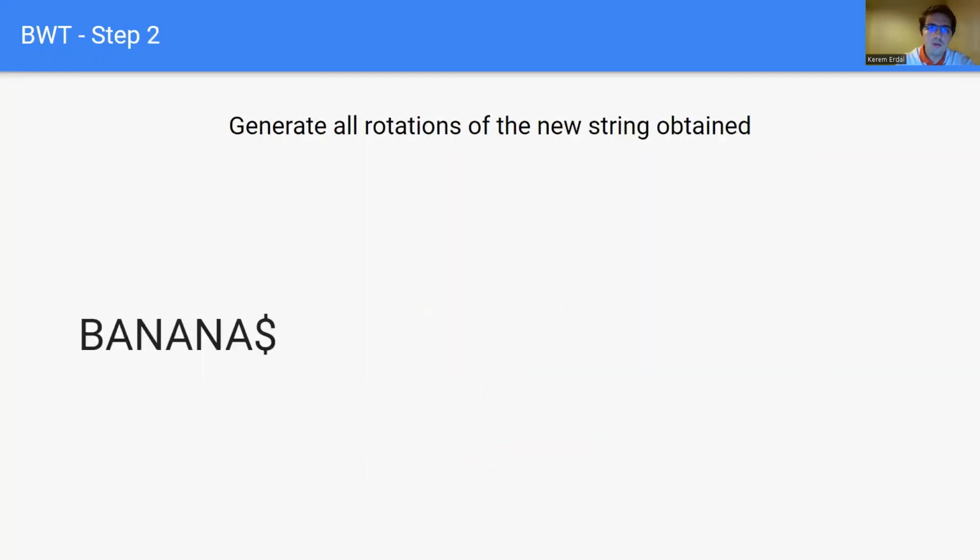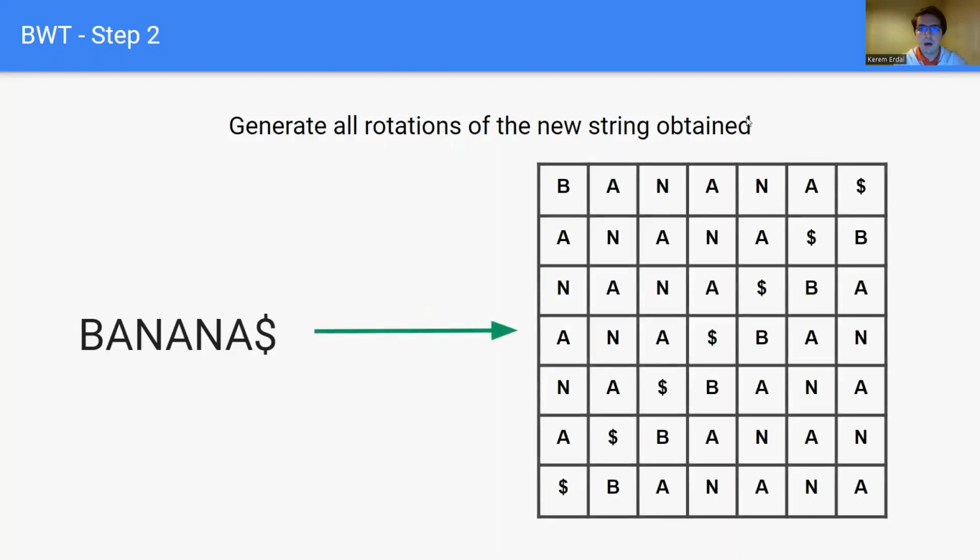In step 2, we generate all the rotations of the new string obtained, which is banana$. Now I will explain how we obtained these rotations. Firstly, we wrote banana$ in the first row, and then we rotated the string to the left. For example, the $ sign became one character left shifted, and A is also shifted to the left, N is also shifted, A is also shifted, N is also shifted, A is also shifted, and B is shifted to the left.